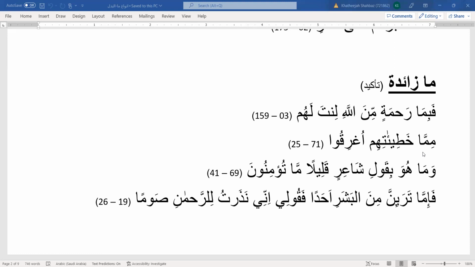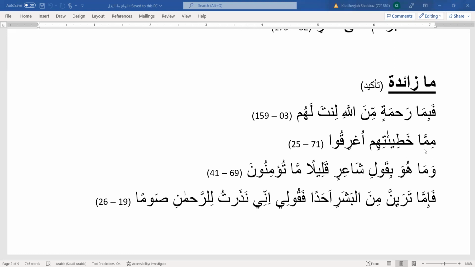So how will we say? Now we have it. It is highlighting the khatiyatihim. It is so because of actually their sins they were drowned. Or it means they were not drowned for any other reason, but actually for their sins they were drowned. So Allah is highlighting their sins, emphasizing the sins by the use of ma zaida, the extra ma.